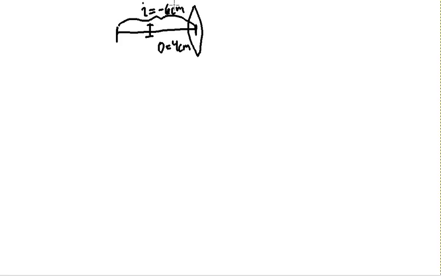So that's going to be the tricky thing for a lot of you, is that if you are dealing with virtual upright images, you need to assign the values of your image to be negative numbers. Alright, so we're looking for the focal length. It should be obvious that this focal length is going to be a negative number.